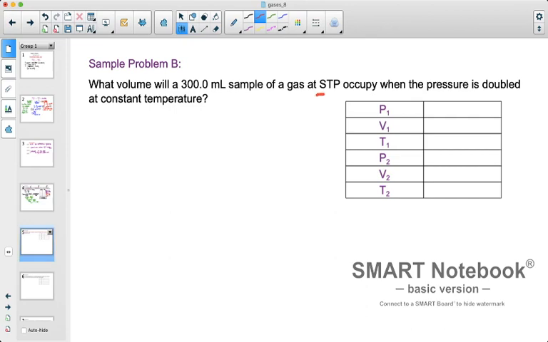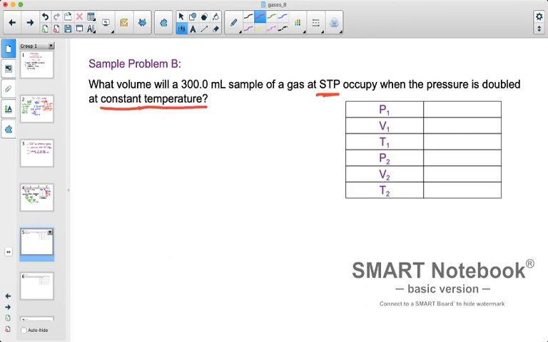Remember that STP is actually a value without giving you a number, of a gas at STP occupy when the pressure is doubled at constant pressure. And here's another trick. At constant, not pressure, is doubled at constant temperature.